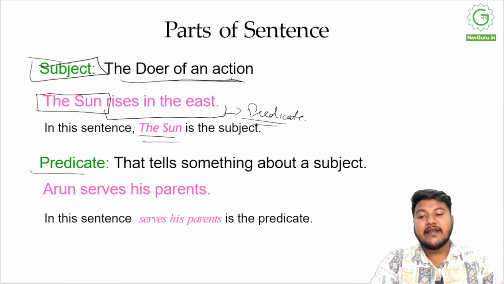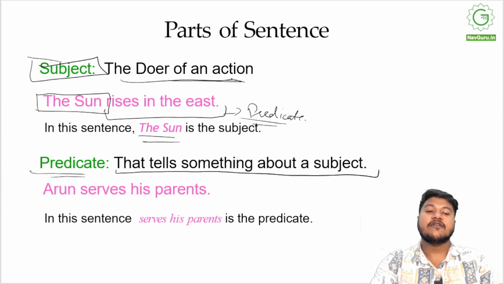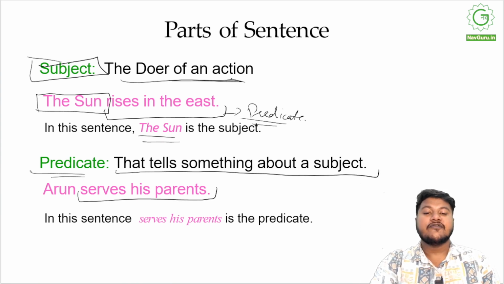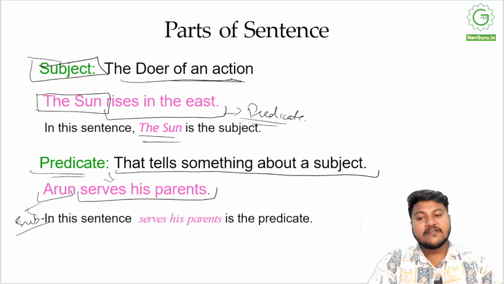Similarly, the predicate is the portion that tells something about a subject. Here, Aaron serves his parents. So serves his parents is the predicate. Meanwhile, Aaron is the subject. That's correct, right? So this is how subject and predicate work.